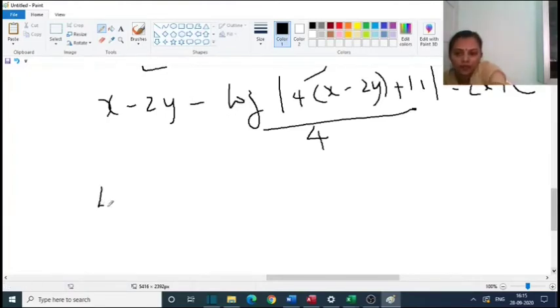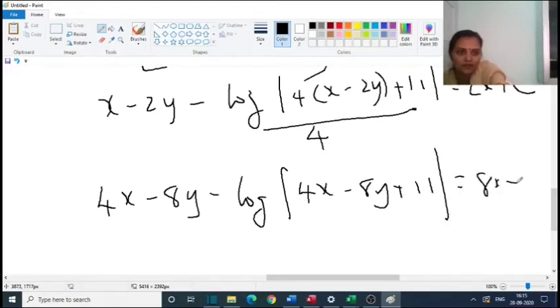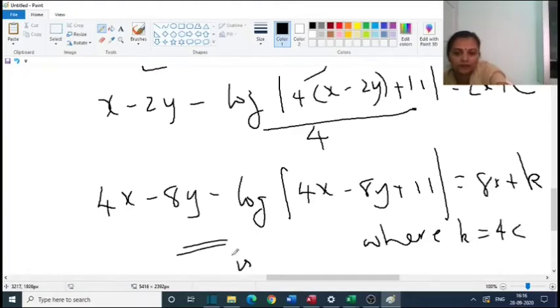So the equation becomes 4x minus 8y minus log of modulus of 4x minus 8y plus 11 is equal to 8x plus some constant, we can write k, where k is equal to 4c, is the solution.